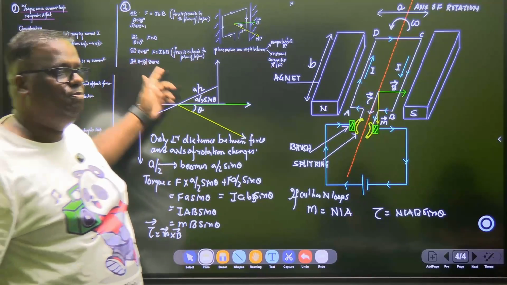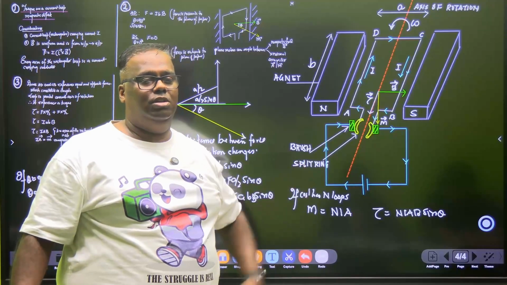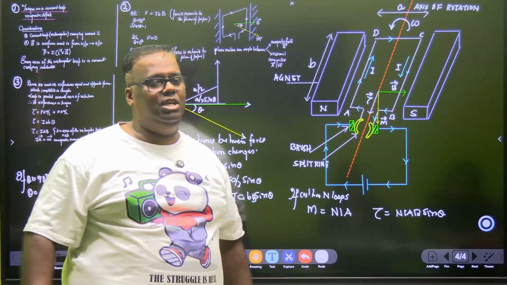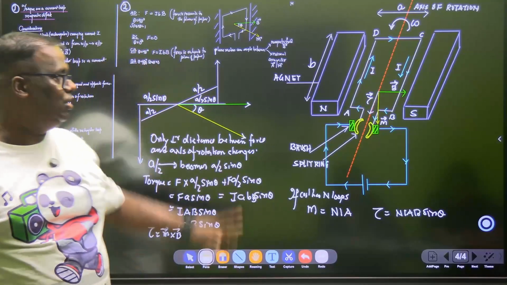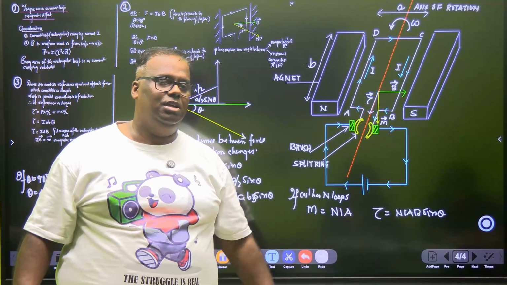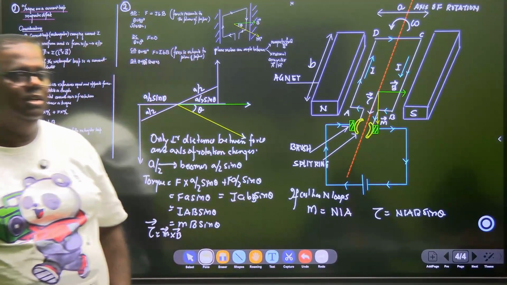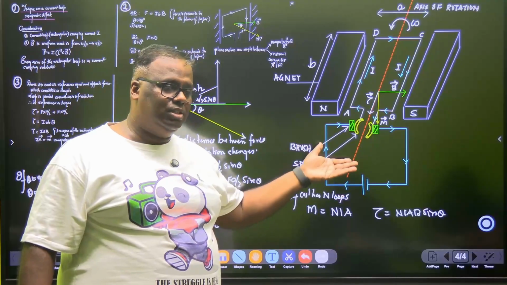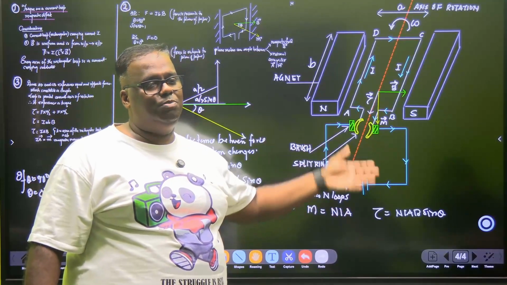Remember that? For electric dipole, torque is equal to P cross E, which is P E sine theta. You forgot. Here torque will be M B. Since they are so related, electric dipole with electric field, magnetic dipole cross magnetic field.